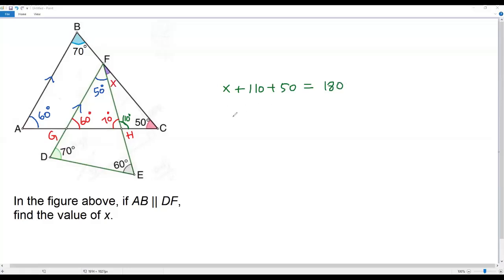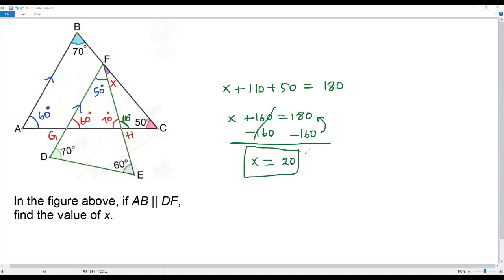Now we have to solve for x in this equation. First, let's add these two values, 110 and 50. I'm getting 160, so x plus 160 equals 180. To solve for x, I have to subtract 160 from both sides. Positive 160 and negative 160 cancel out, and I'm getting x on the left side. On the right side, when I subtract 160 from 180, I'm getting 20. So I have solved for x. The value of x is 20.